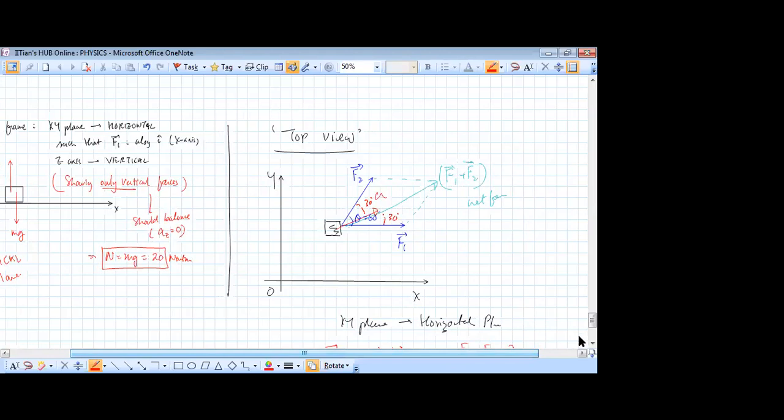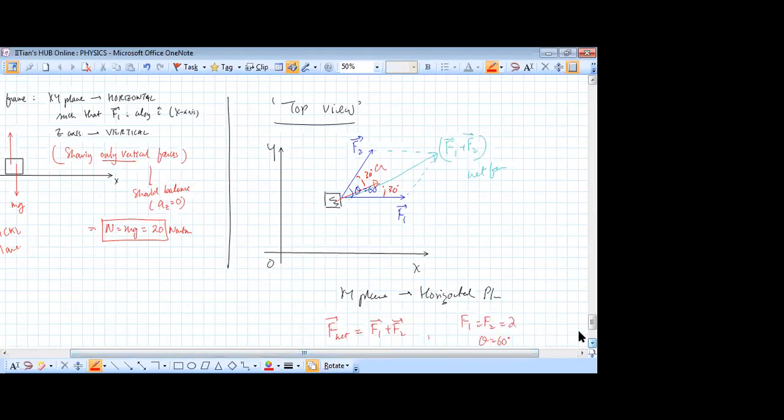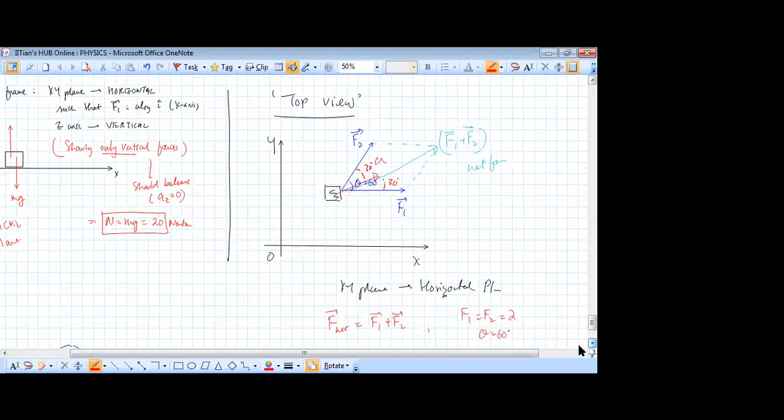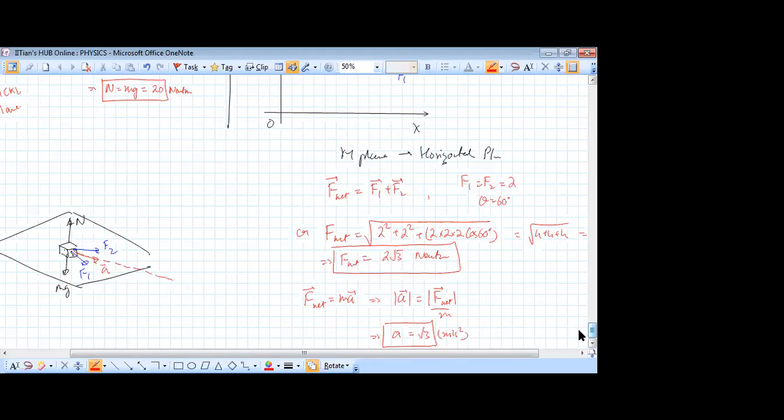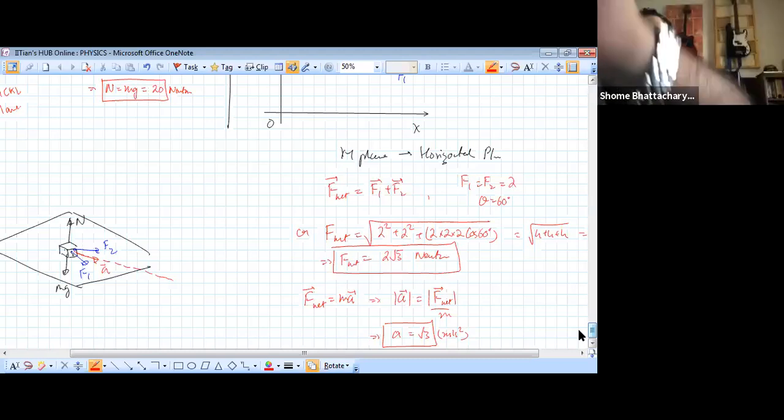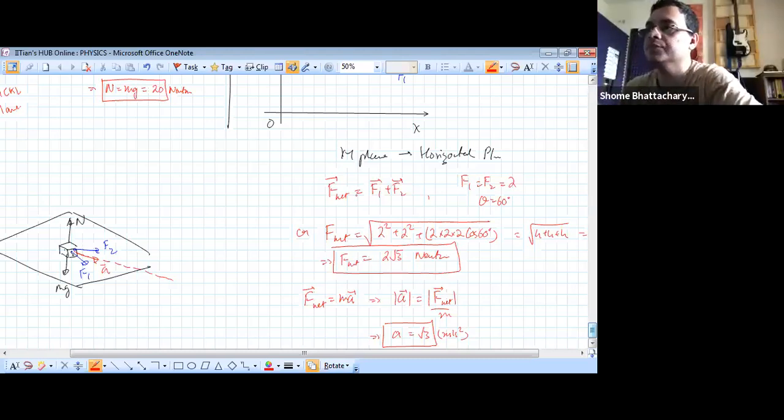Okay, people. So hope this example is clear, and with this we conclude today's session. Okay, so now that we have understood how to apply vector algebra to find the net force when multiple forces are acting on an object, and from that find the acceleration using Newton's second law, that net force is equal to mass into acceleration. So you will be given a worksheet now where you'll have some practice questions based on this.